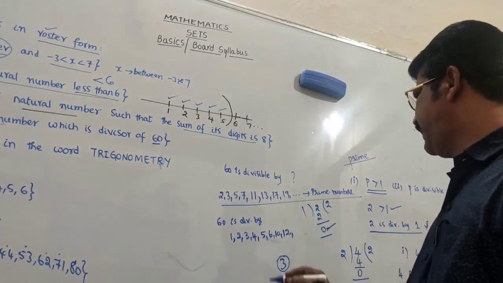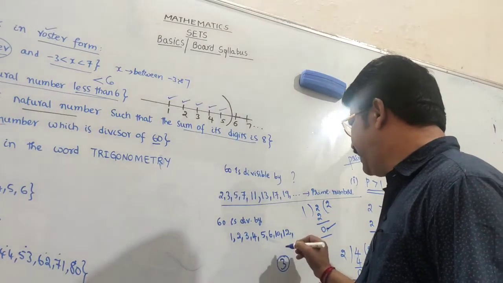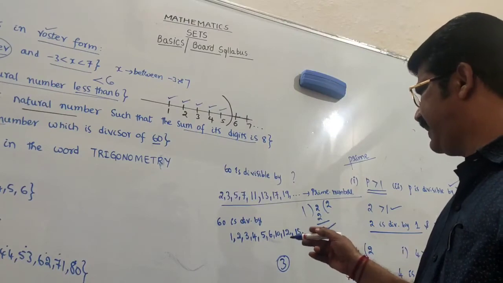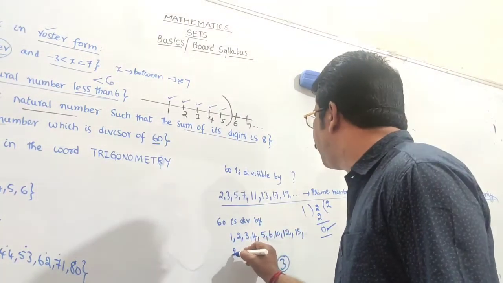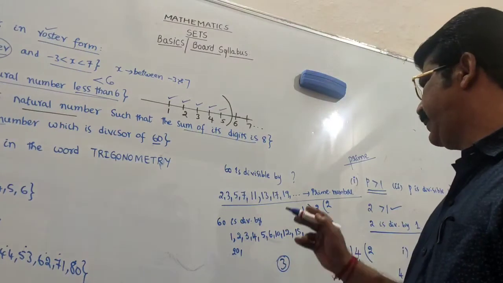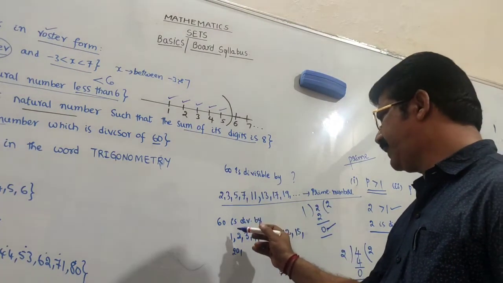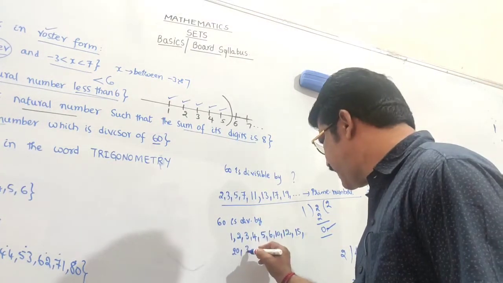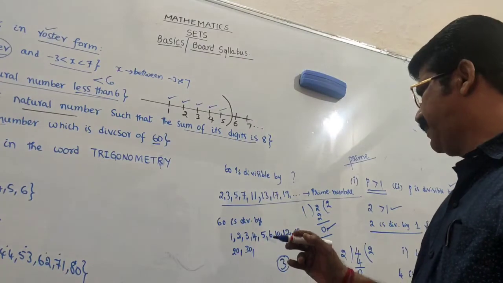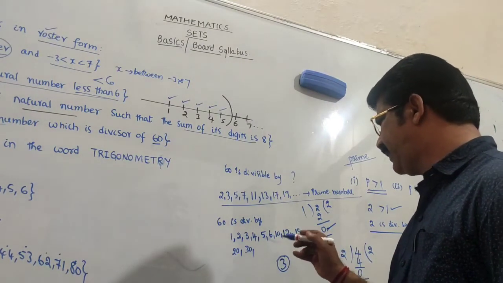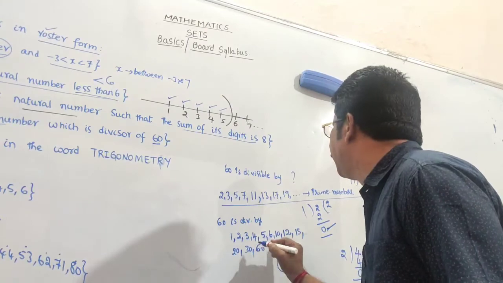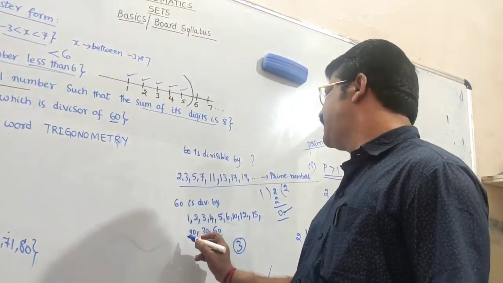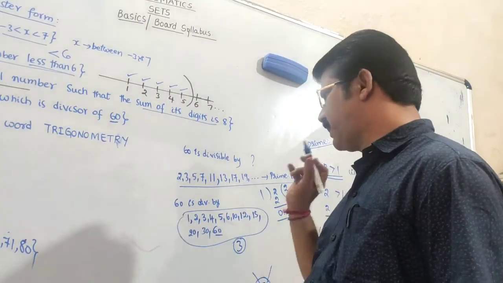It is divisible by 12. 15, 20. It is divisible by 20. 30. It is divisible by 30. Next 45, 50, 60. Last number 60. 60 is divisible by 60, just like that. Okay. 60 is divisible by all those numbers.